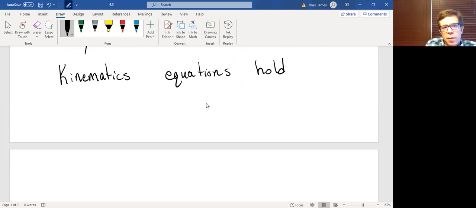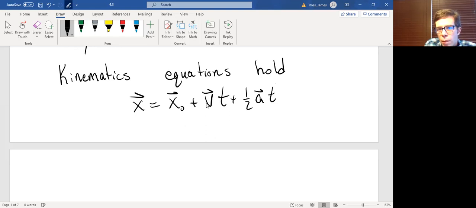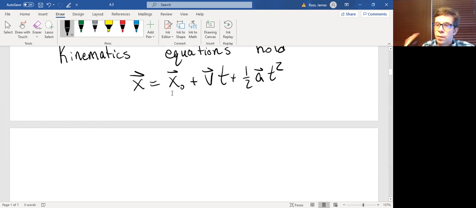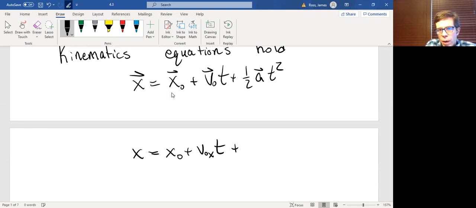So if I have my position equation, which I'm now going to write explicitly as a vector equation, then I can break that into components. So I can say, I left my initial value off there.